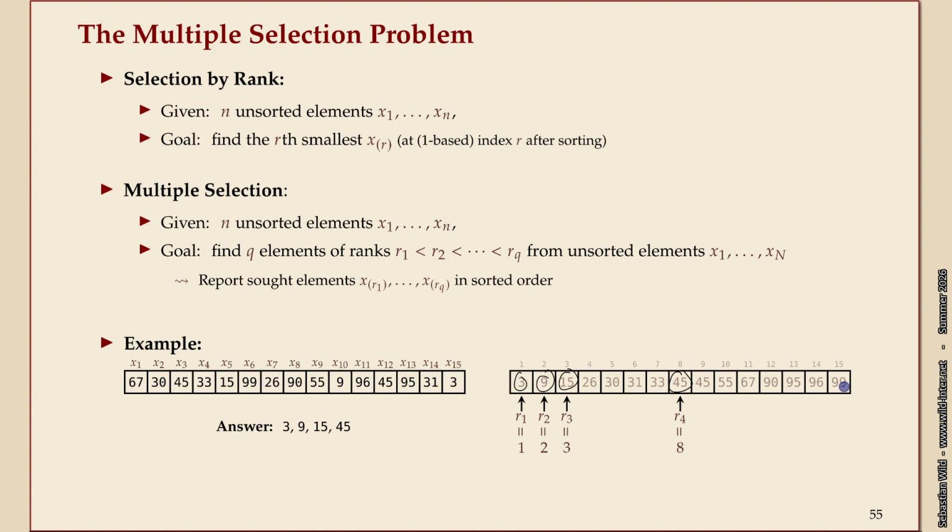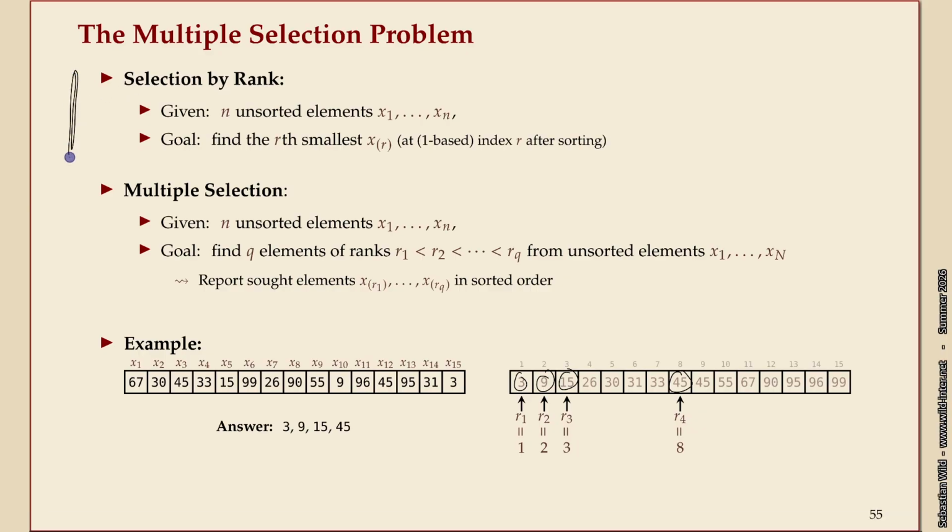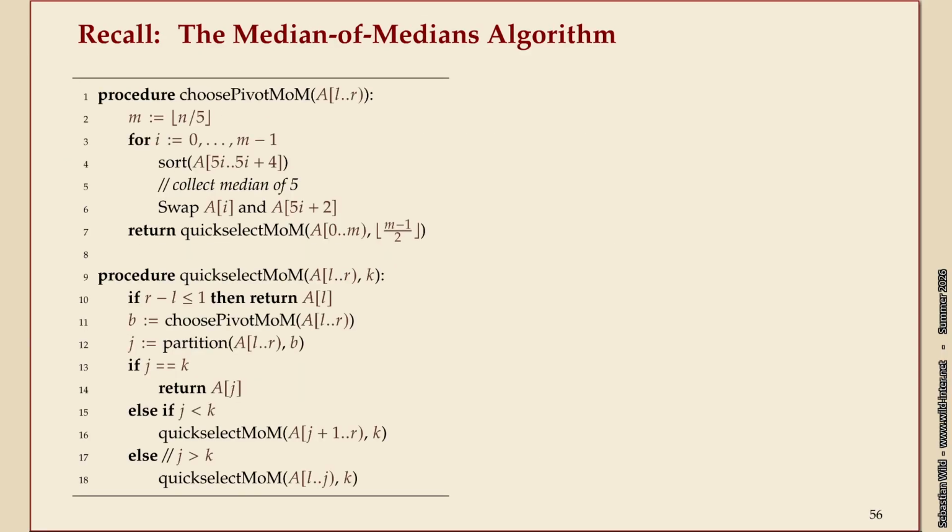All right. First, let's recap algorithms for this simple problem of a single selection. I expect that most people will have seen this, but let me briefly explain how it works.